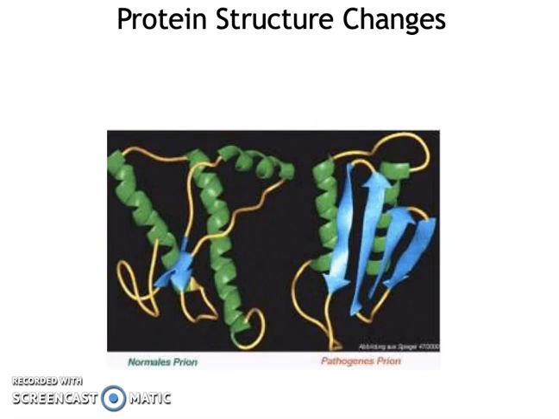The protein that causes this disease is called a prion. There are two different structures of the prion protein. The normal prion has an amino acid sequence that is similar to the pathogenic prion protein.